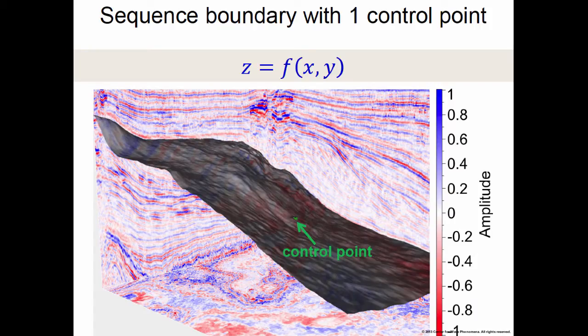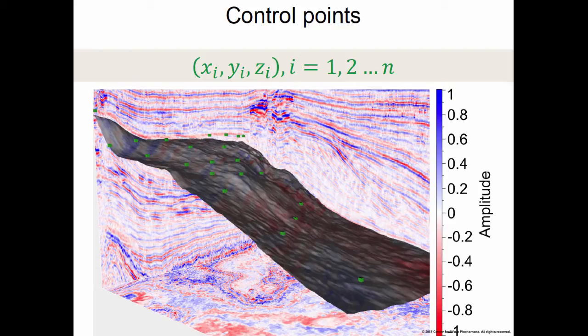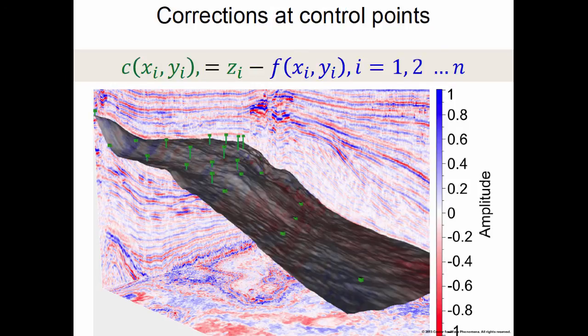Now let's go back to the extracted surface by using one control point. We have learned that this surface is not good enough in the unconformable areas. But if we have more control points on the correct sequence boundary according to the geologists, we can compute the differences between the control points and the extracted surface. And we call these differences corrections.